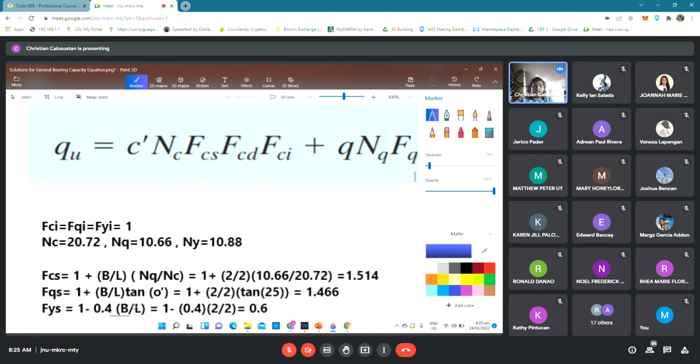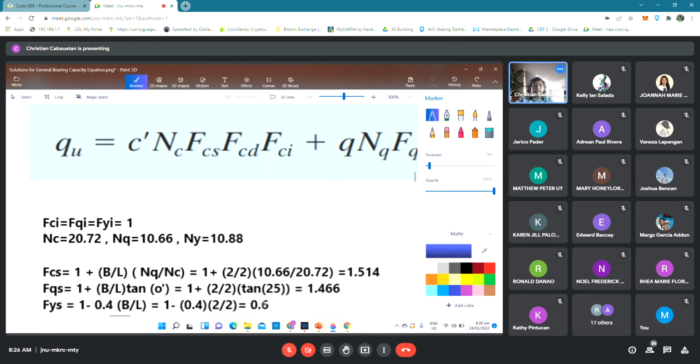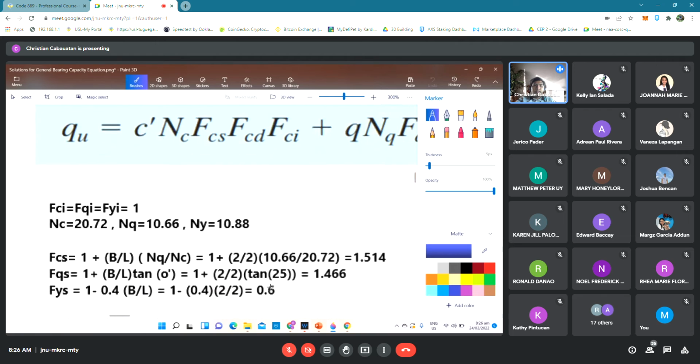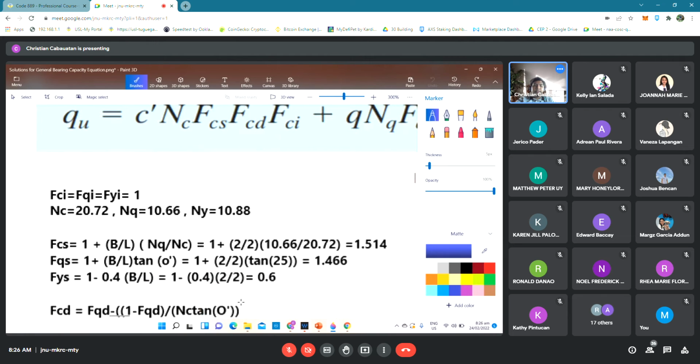And for gamma S, 1 minus 0.4 times the quantity, the width of the footing divided by the length of the footing. Again, just input all those given data, then you would derive 0.6. The next one is to compute FCD.